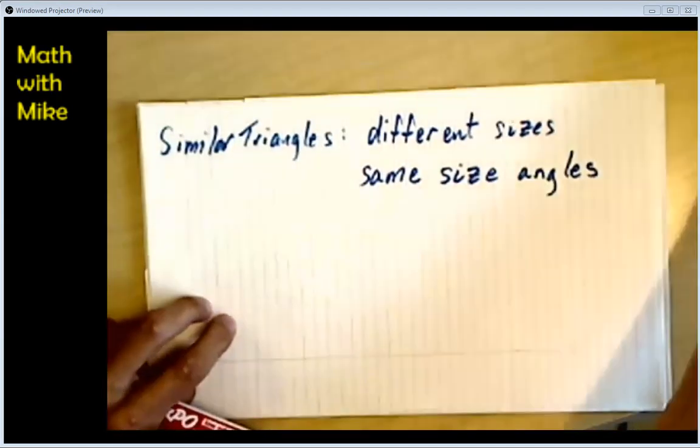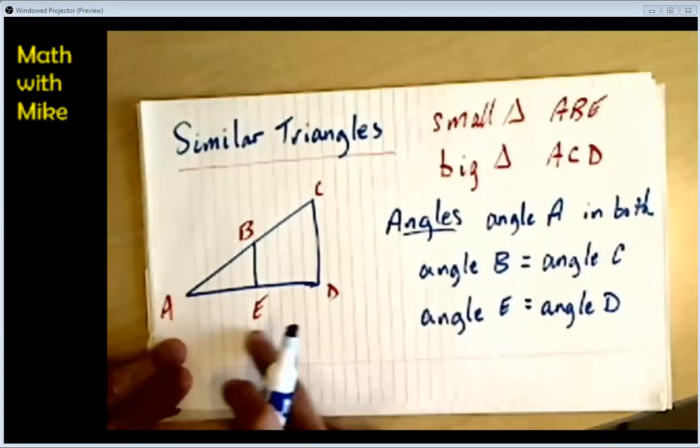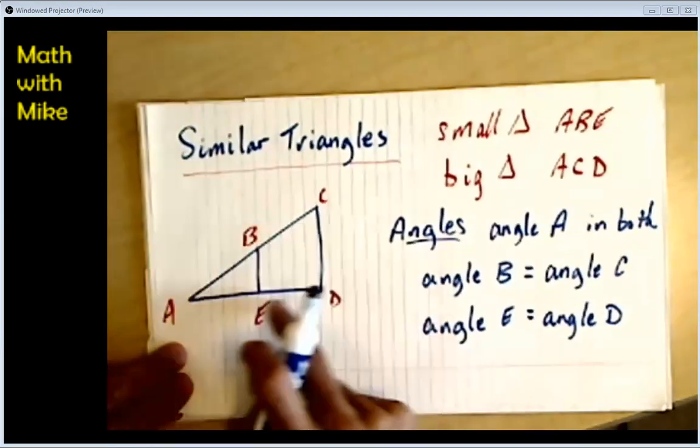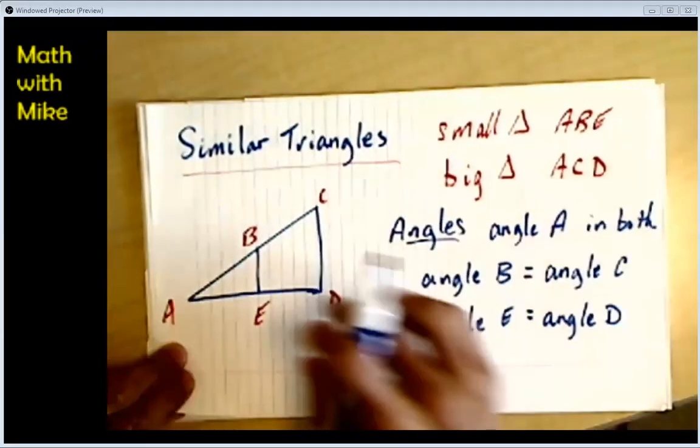Now, what's sometimes helpful, these pictures can be kind of confusing with these two triangles on top of one another. Sometimes helpful to have them separate.